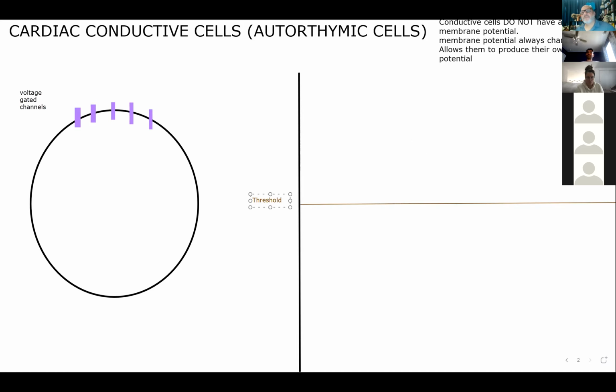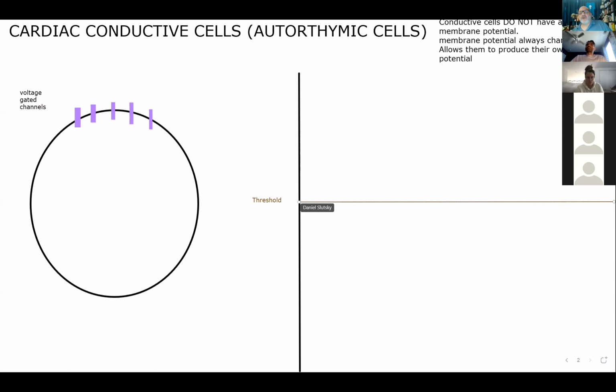All right. Now, we can start our cell anywhere along this line because, again, we know its membrane potential is constantly changing. But our threshold is an easy place to start. So let's start there.